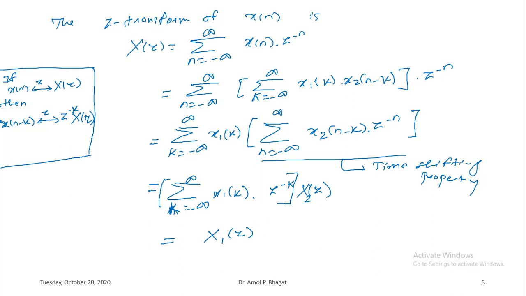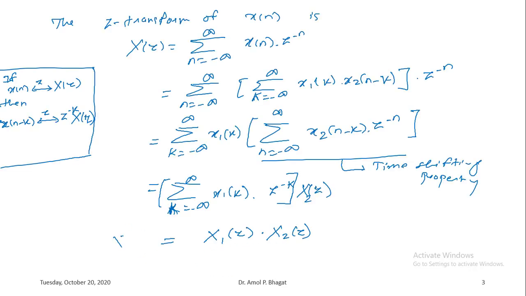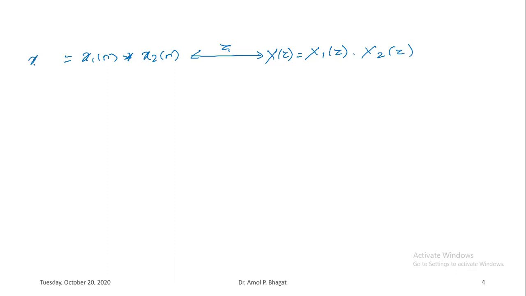So this capital X1 of z multiplied with this capital X2 of z will be this. Therefore we can say that this X1 of z multiplied by X2 of z is nothing but capital X of z, right? So the convolution of x1 of n with x2 of n in z domain is simply the multiplication of their respective z transforms, that is X1 of z multiplied with X2 of z, and this multiplication result is indicated as capital X of z, the convolution being x of n.